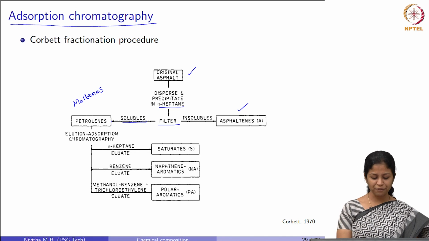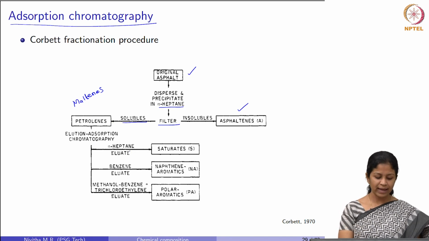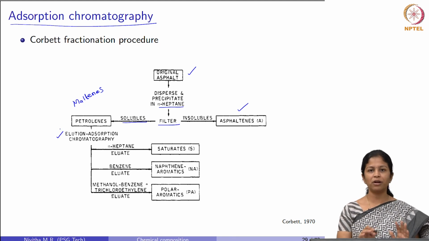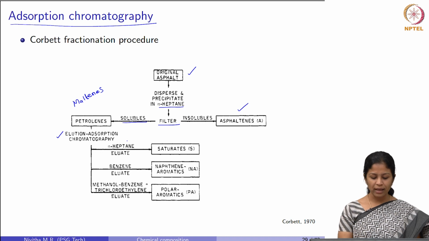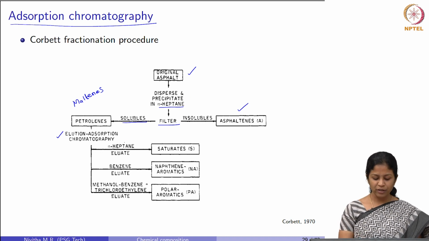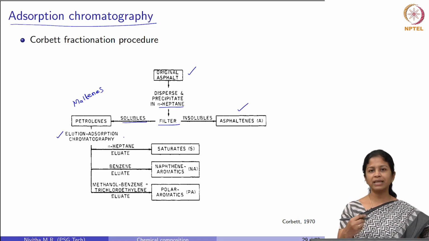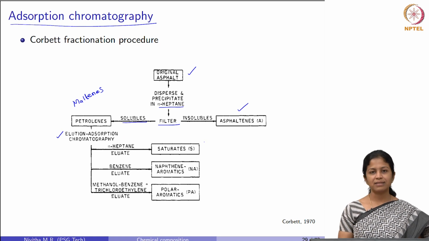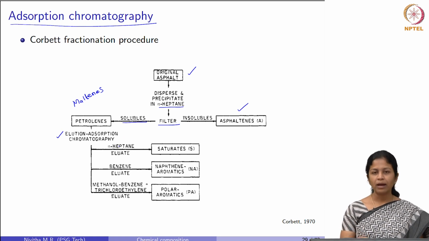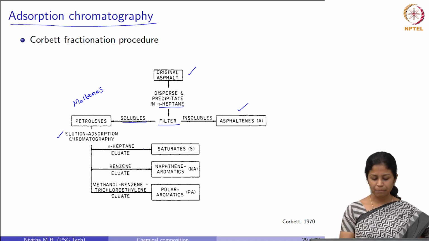Now, this petrolane fraction is subjected to elution adsorption chromatography. Again, we will see what this is, just hold on for a while. Then N-heptane is first used as an eluent. We initially dissolved it in N-heptane, so using the same solvent, whatever comes out is called saturates.